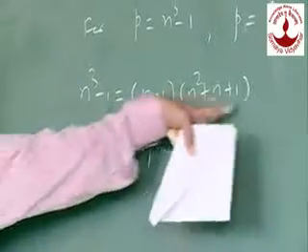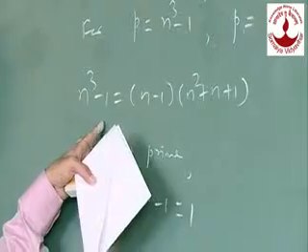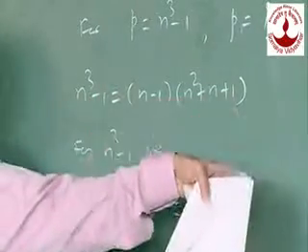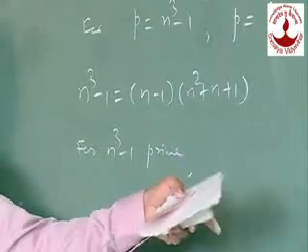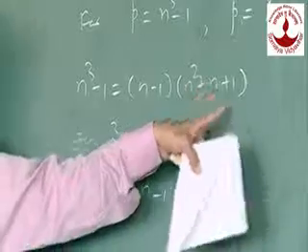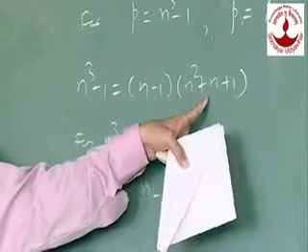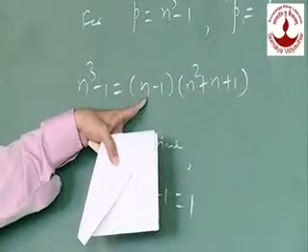We cannot take this factor as anything else, because if the left hand side is to be prime, the right hand side has to be prime, and cannot be factorizable. At least you can write 1 into 2. But you cannot take this bracket as 1 because it is already 1 plus. So definitely this bracket is more than 1. So at the most we can take n minus 1 as 1.